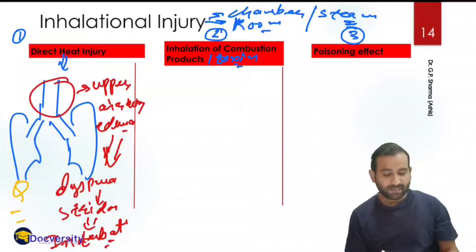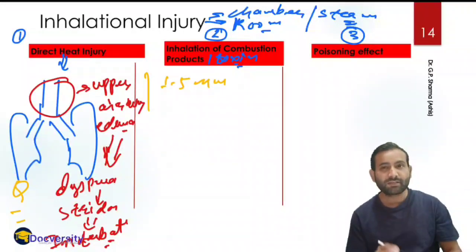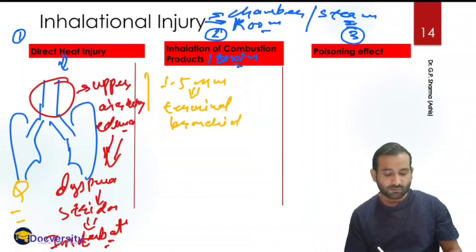And the second mechanism is by the toxins, right? When the toxins are 1 to 5 micrometers in size, they will directly go into the terminal bronchioles. They cause lower airway damage, LAD I write over here.